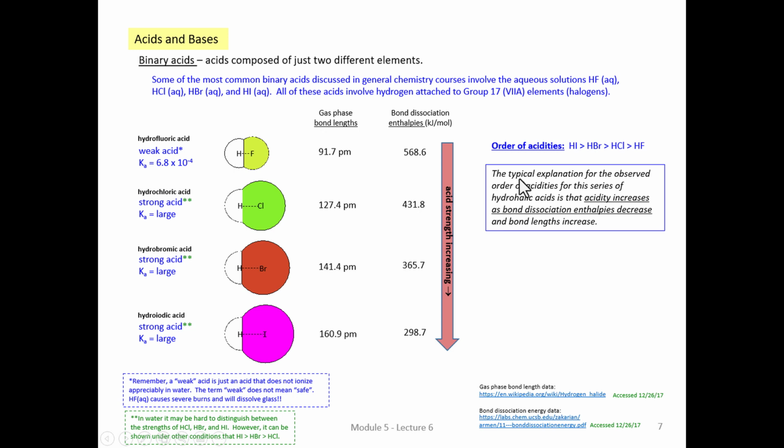So again, the typical explanation for the observed order of acidities for the series of hydrohalic acids is that acidity increases as bond dissociation enthalpies decrease and bond lengths increase. Now, interestingly, the electronegativity of each halogen atom in the series does not determine the order of acidities. Otherwise, HF would be the strongest acid.